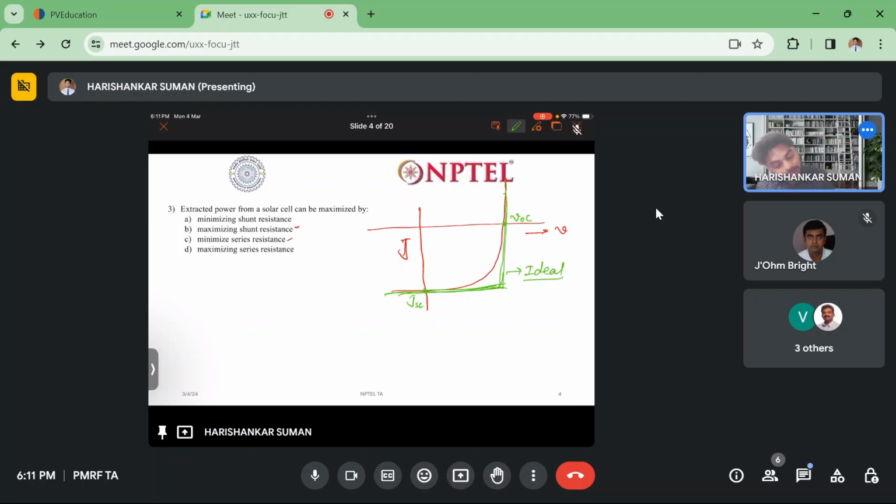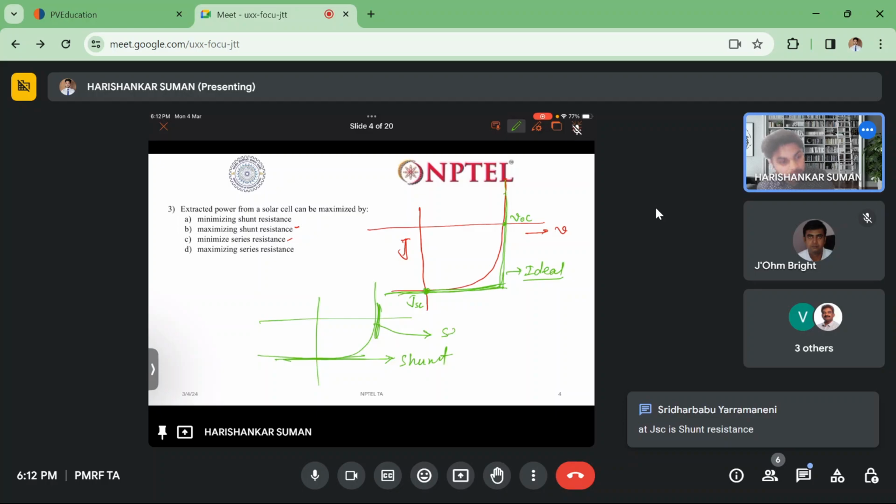So which side is series and shunt? This side, the inverse of the tangent gives the shunt resistance. This side is series.